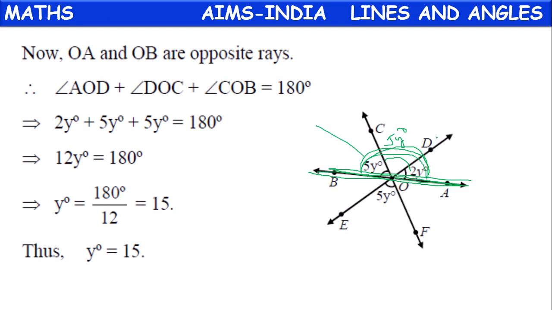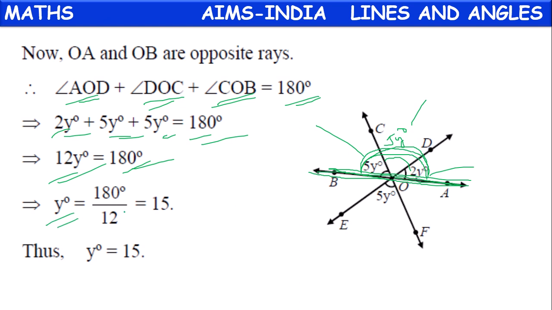Means 5y plus 5y plus 2y, so AOD, DOC, COB is 180 degrees. So 2y, 5y, 5y is 180 degrees. Total 12y equals 180 degrees. y equals 180 by 12, 15 degrees. So y value is 15 degrees.